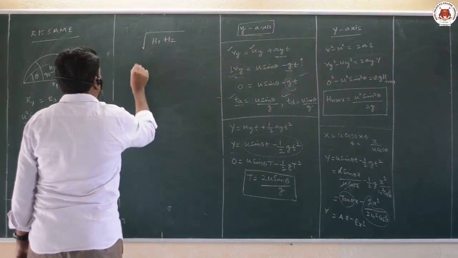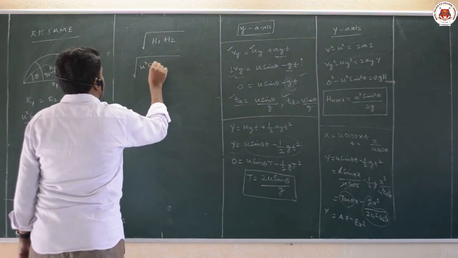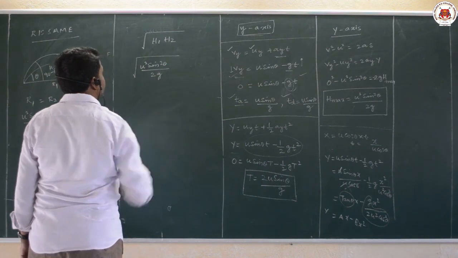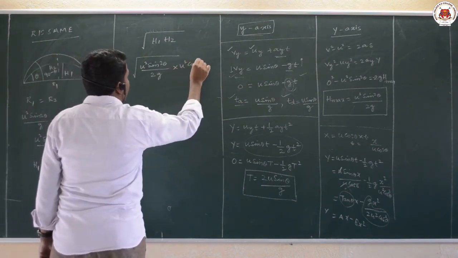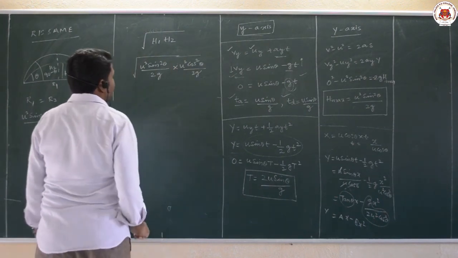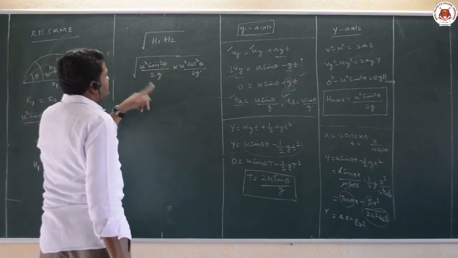Root of h1, u square sin square theta by 2g, into u square cos square theta by 2g. Now take the root of this. So u square into u square is u power 4.